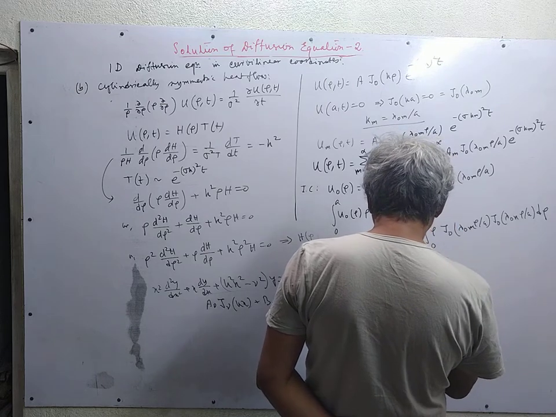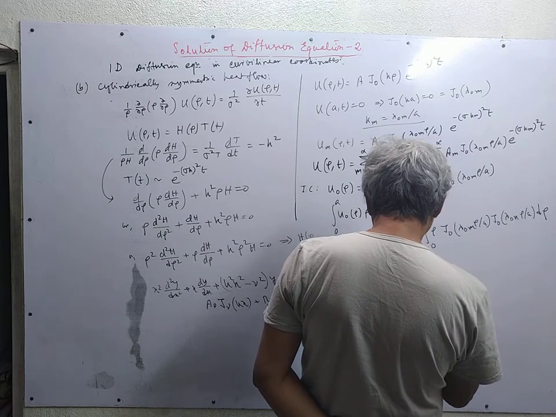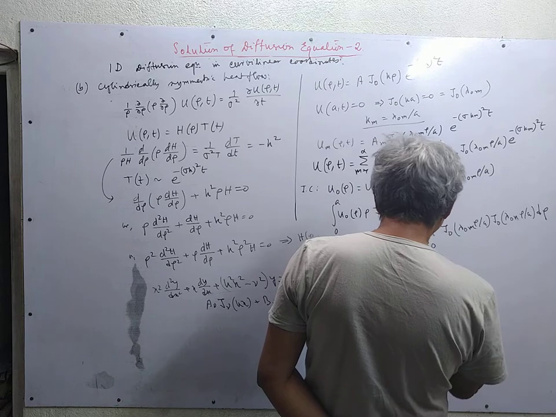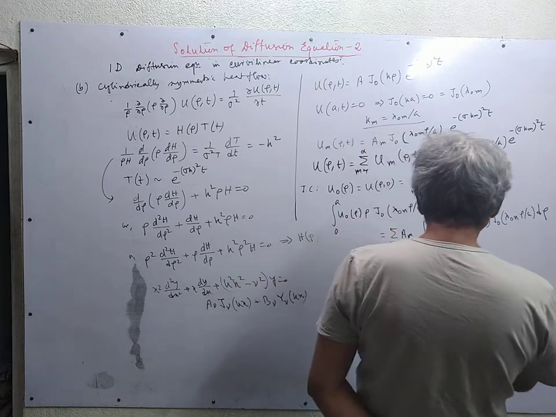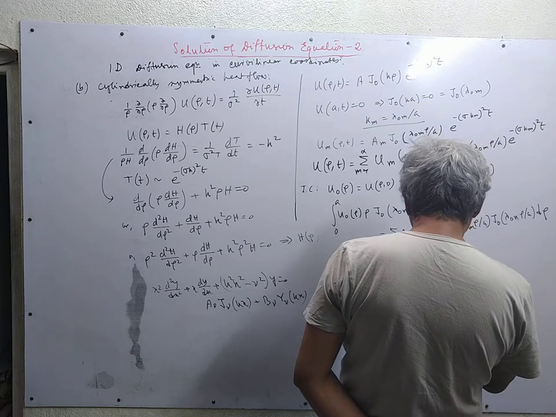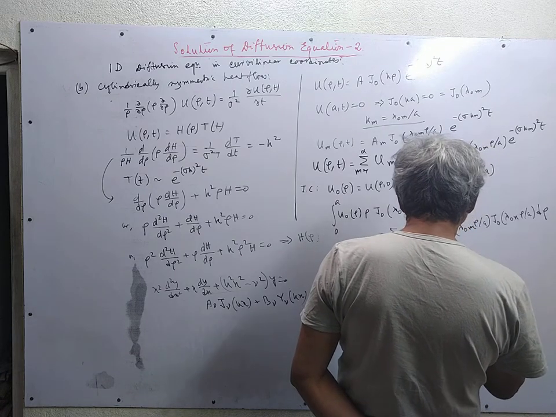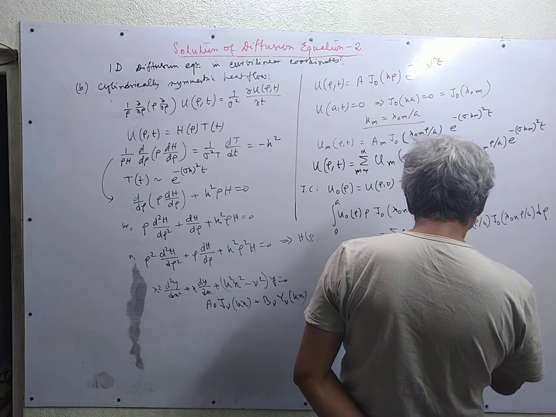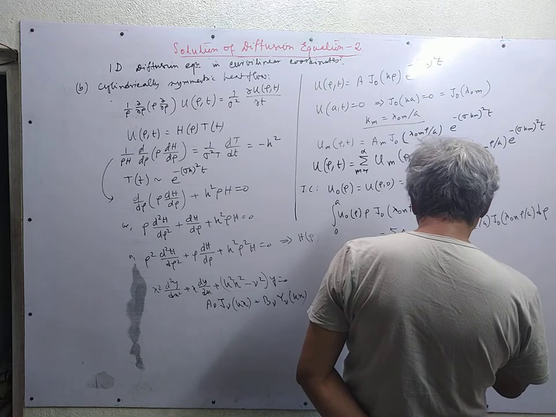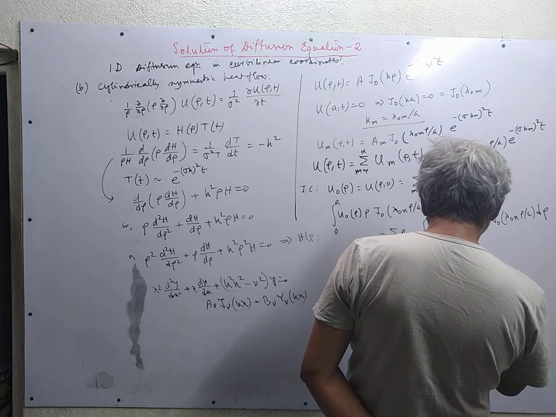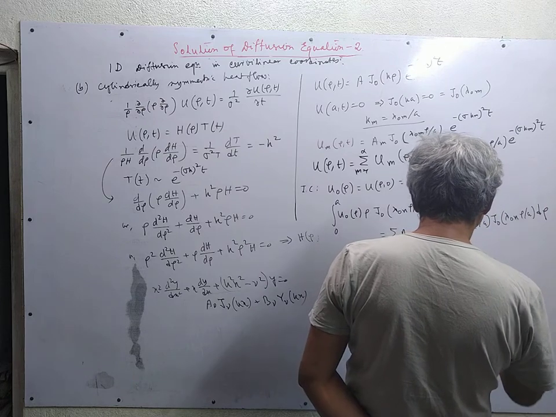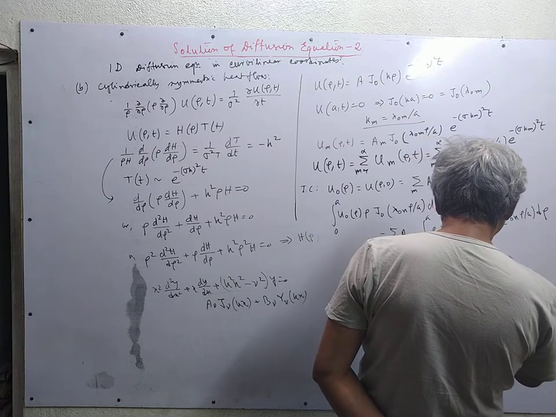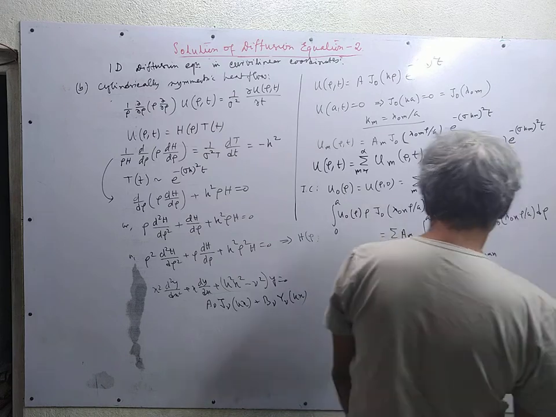The result is a squared by 2 J1 squared of lambda 0m times delta mn.